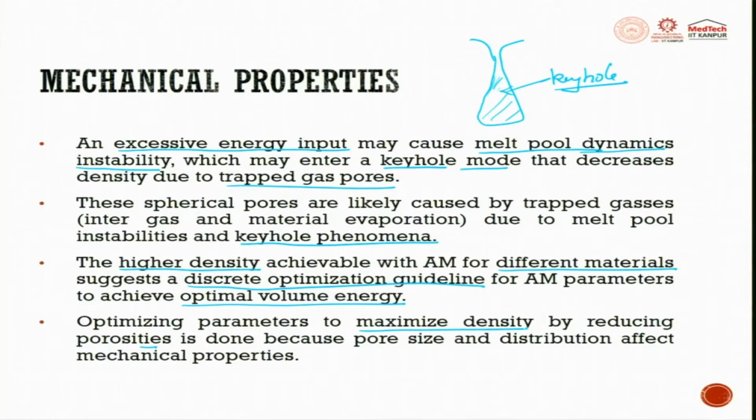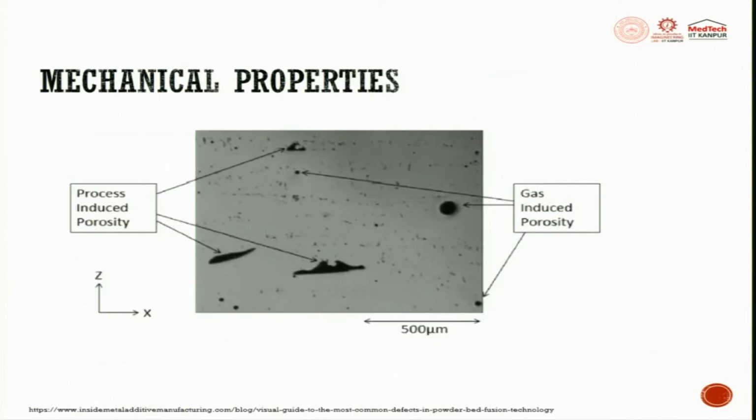So, in maximization of density, from 90 you are moving towards 99.5%. When you start moving towards that, the pore size will go down or the number of pores will go down. Reducing the porosity is important because the pore size and distribution affect the mechanical property. The keyhole effect is brought in because of the melt pool dynamic instability.